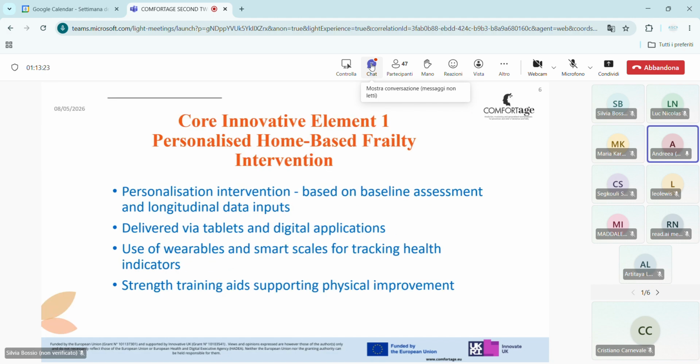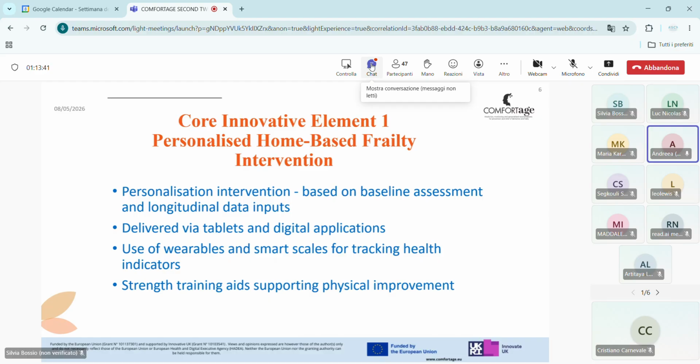The first core innovation is the personalization aspect. So rather than using a one-size-fits-all program, each intervention is shaped at baseline and then is continuously refined using longitudinal data.